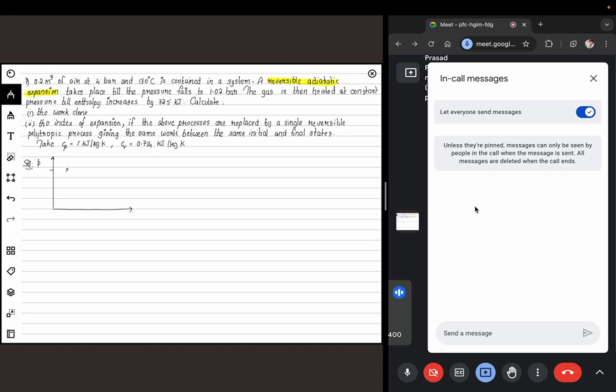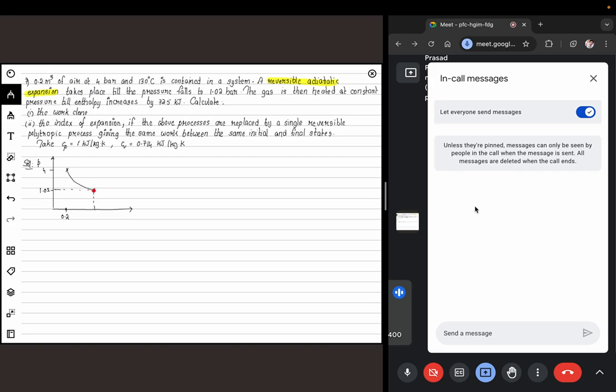We know the initial volume, 0.2 cubic meter. We don't know the final volume, but we know that it moves from 4 bar to 1.02 bar, expanding to some particular point which we don't know. So it is going through some adiabatic expansion process.